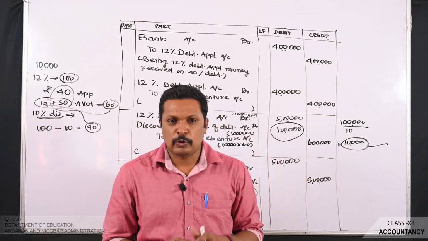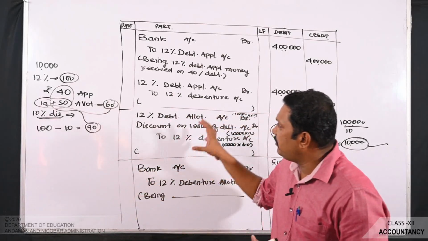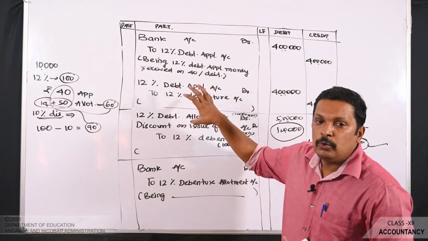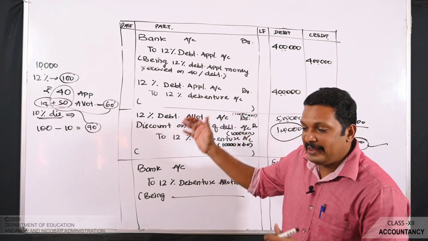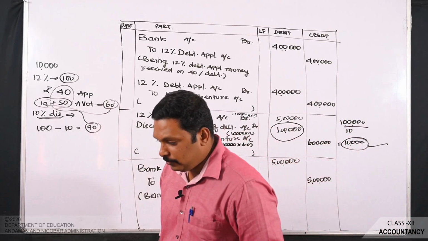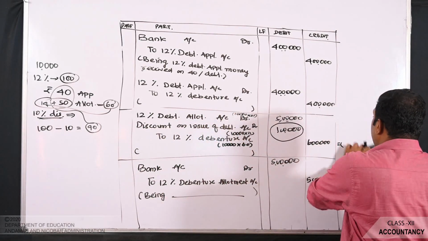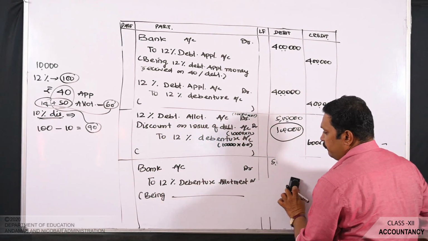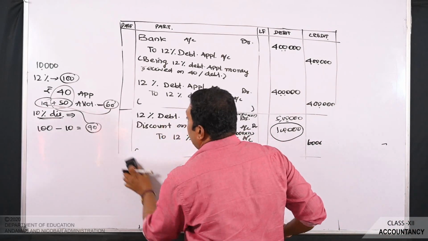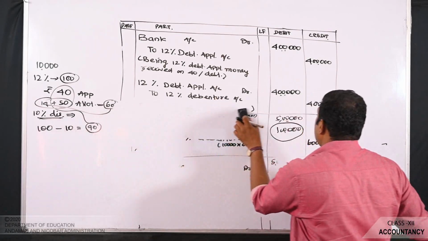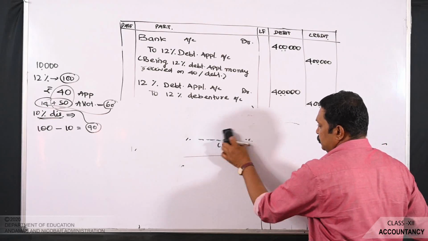Right. Now the question is, the information will now be shown in the balance sheet. Now the balance sheet is a new one for you, because in class 12 we are following the vertical type of balance sheet. Just for your information, I am going to dispose the items into the balance sheet.